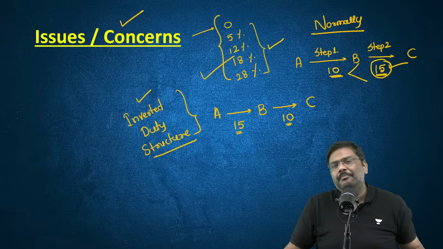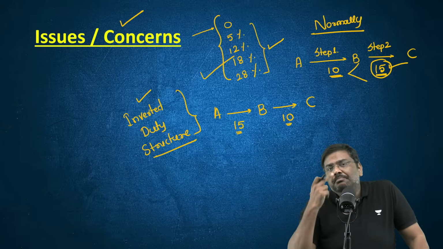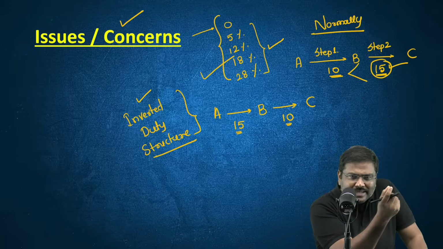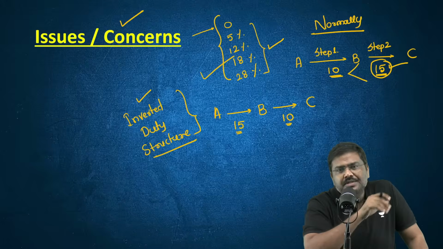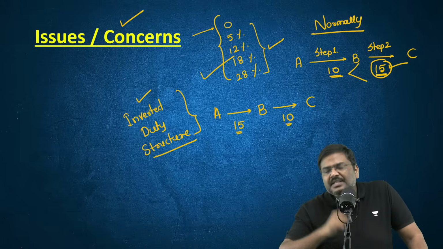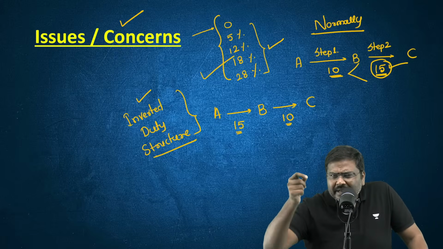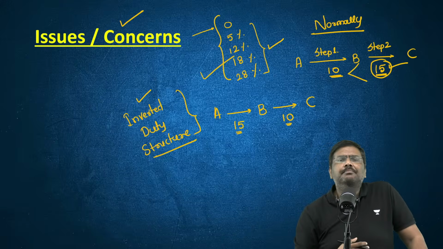I'll explain it now. The problem with the GST model that we implemented was that the same product would be used as a raw material in the production of different goods. Let me give you an example.